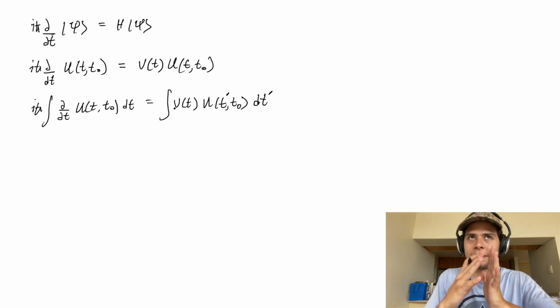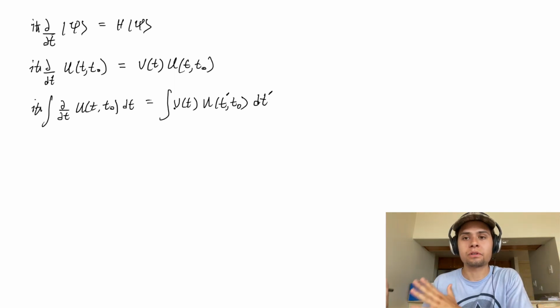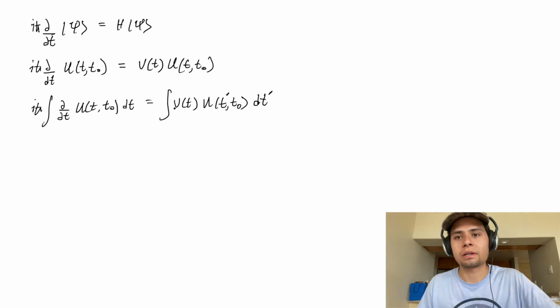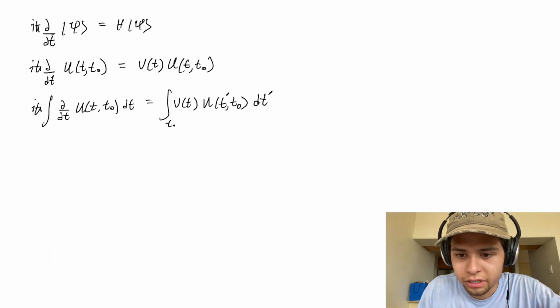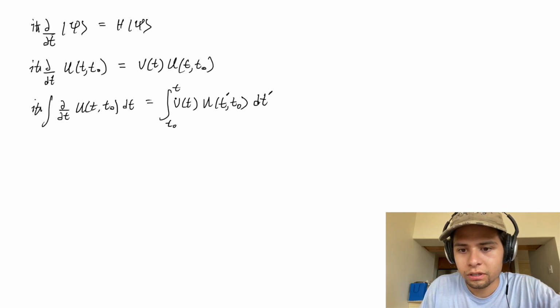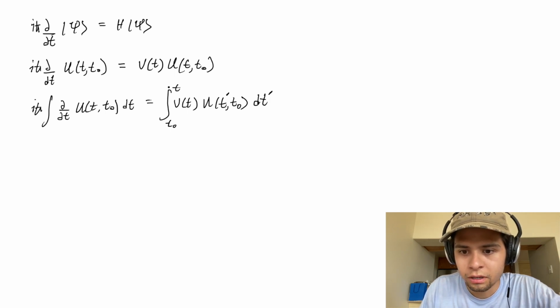We have to integrate with respect to something, and we're integrating with respect to time, going from time 0 to t. This integral here just compensates for the fact that the prime thing is what we're integrating over, but we're just going to t, to this value here.